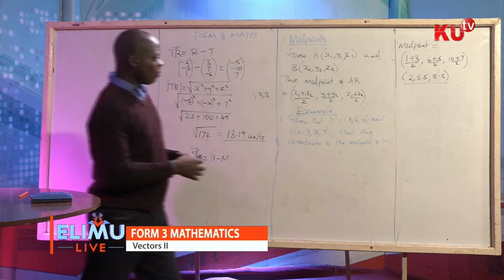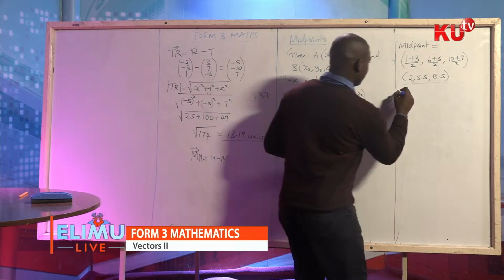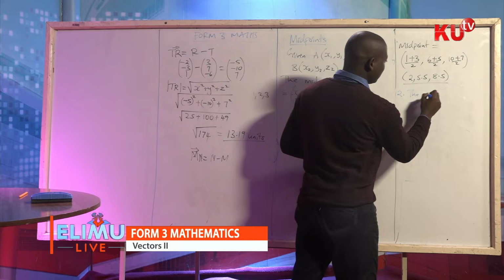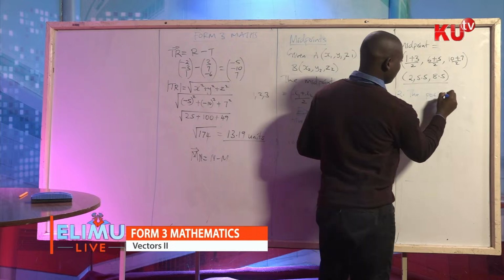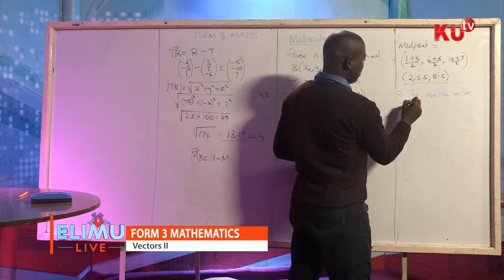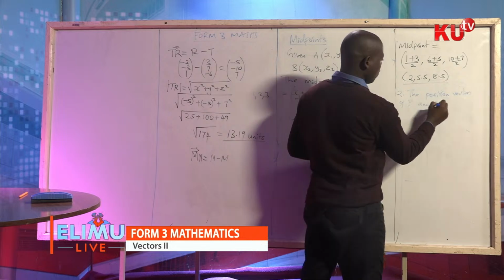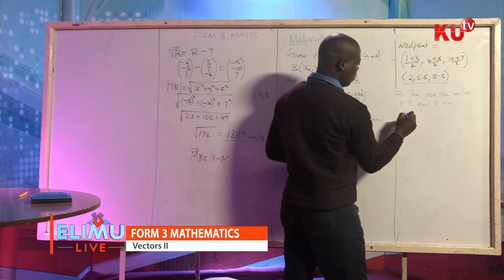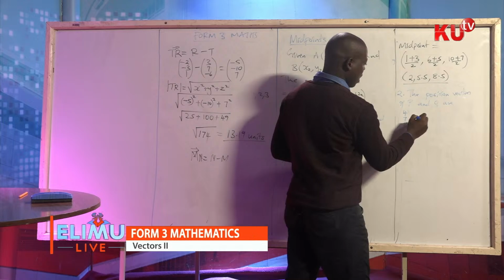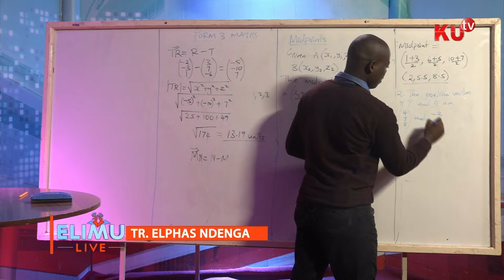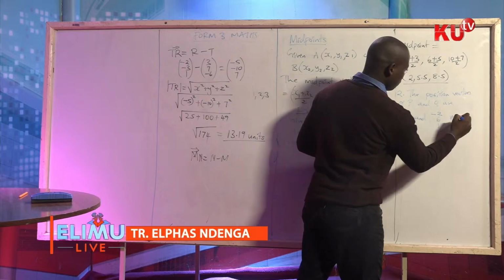Finally, let's look at this example. Number 2, we're told that the position vectors of P and Q are 4, 7, 8 and -2, 6, 1 respectively.